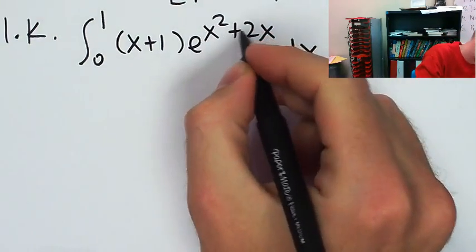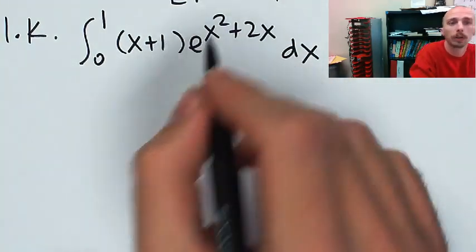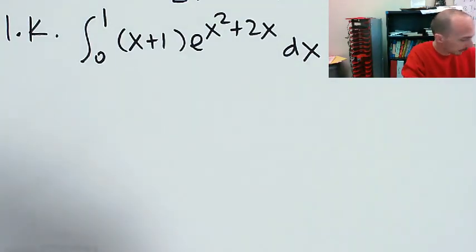The derivative of x squared plus 2x is 2x plus 2, which is twice x plus 1, meaning I'm going to need to do a u substitution.